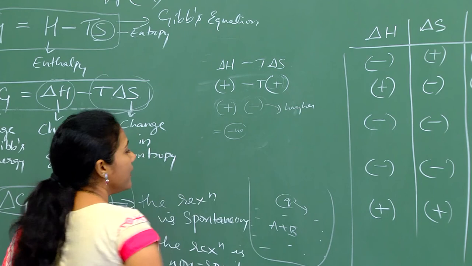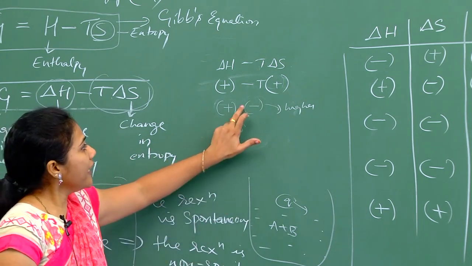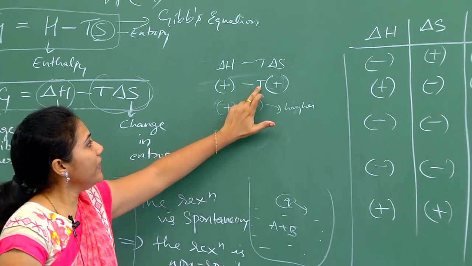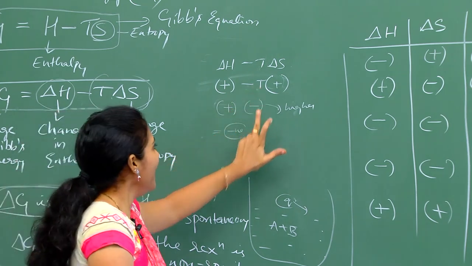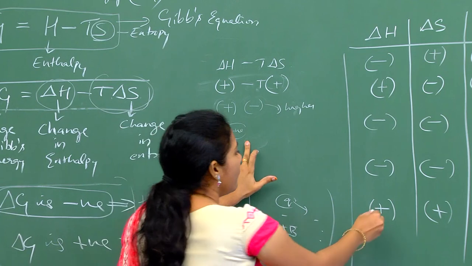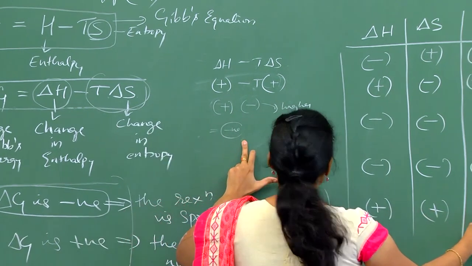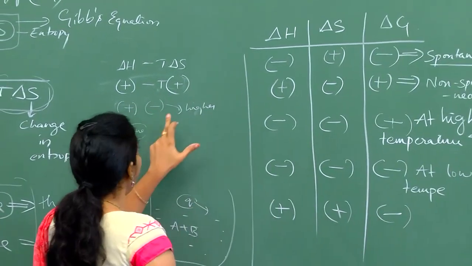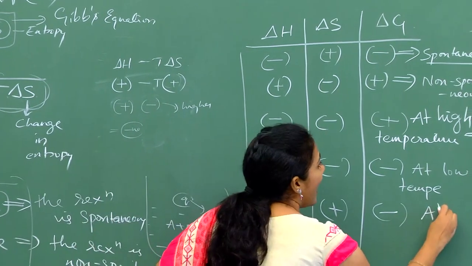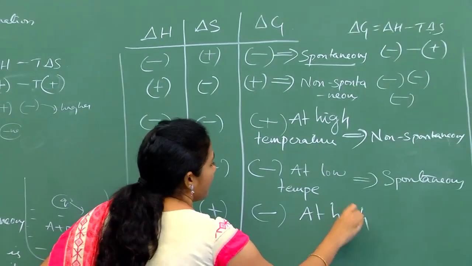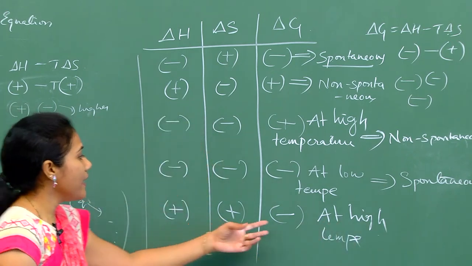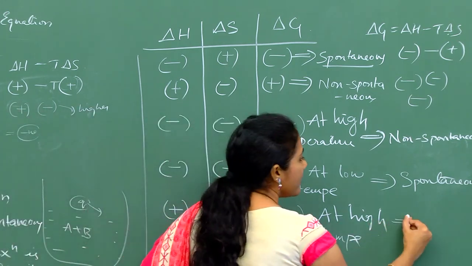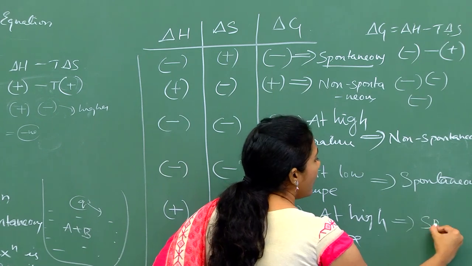When do you get this value higher? When the temperature is very much higher. Yes or no? Okay. So what can I write here? When both are positive, I can get a negative value at high temperature. Say if delta G is negative, I can say the reaction is spontaneous.